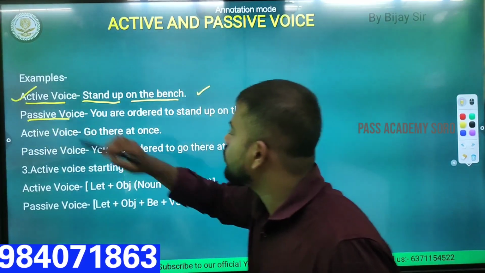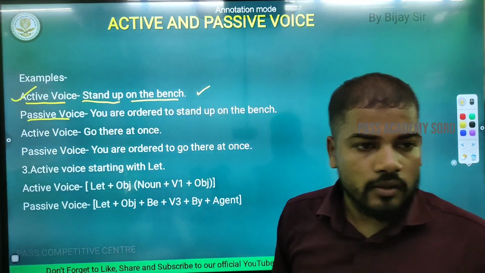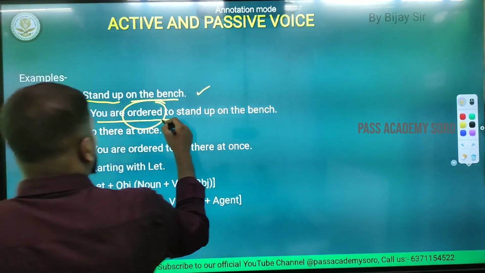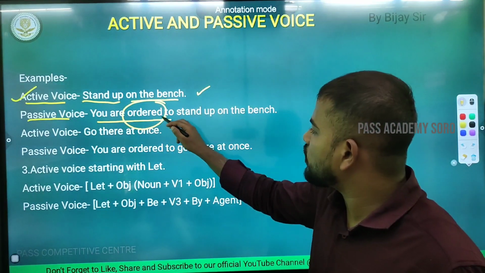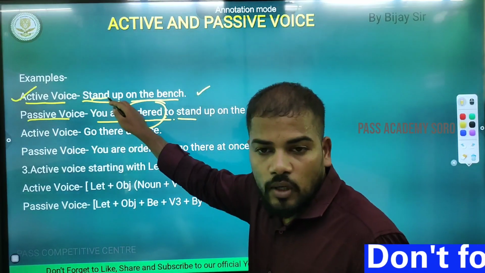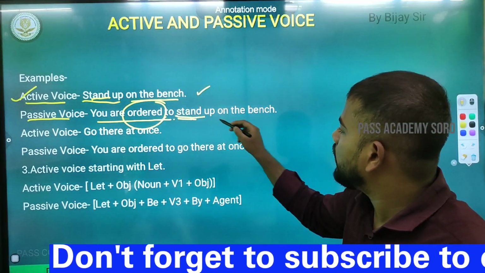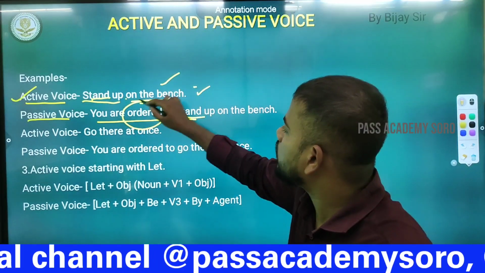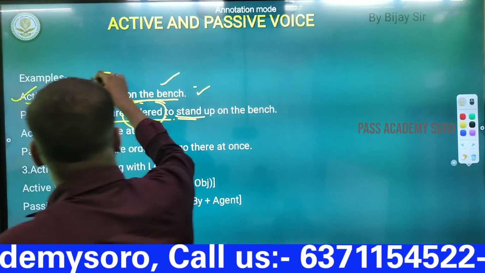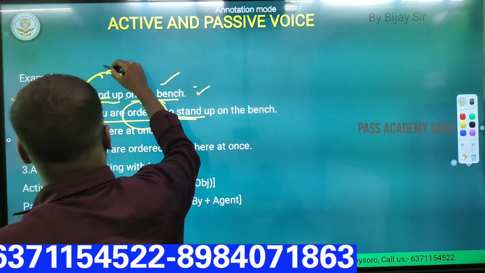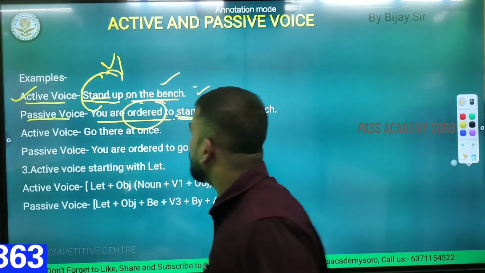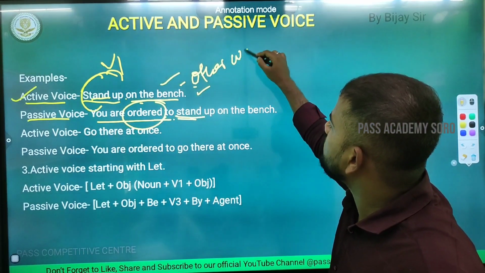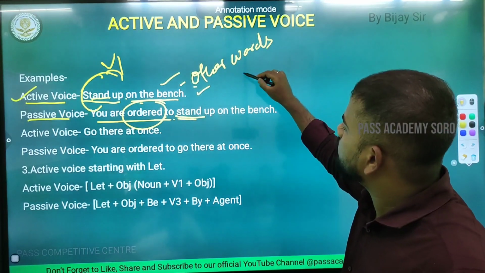So in passive voice, we have to use you are ordered to, then the verb first form, stand up, plus the other words of the sentence, on the bench. Here stand up is the V1 form, and on the bench is the other words of the sentence.